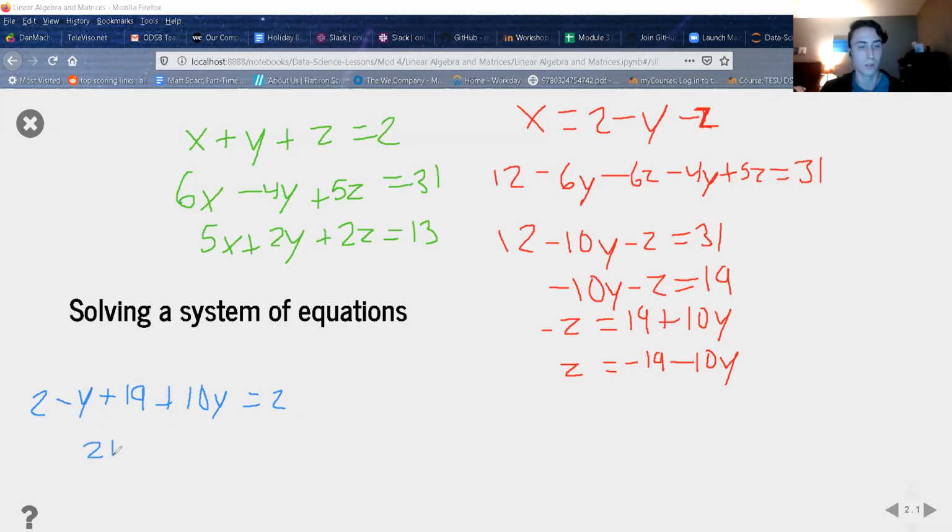So we have 21 plus 9y equals 2. 9y equals minus 19. y equals minus 19 over 9. And then we'd have to go back and plug. Basically, we'd probably want to utilize the third equation.